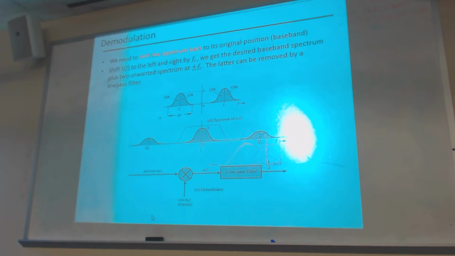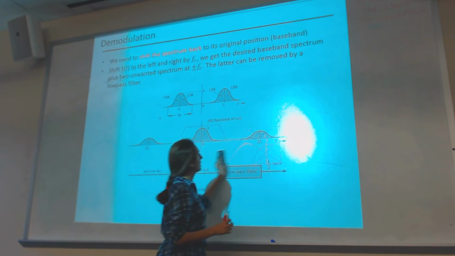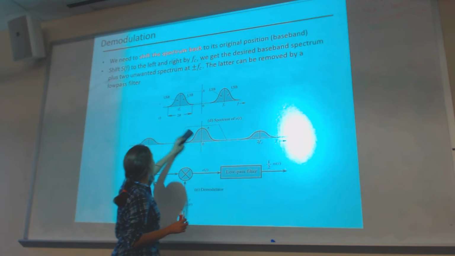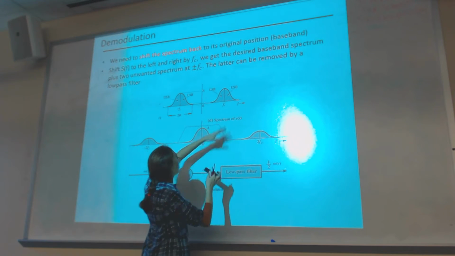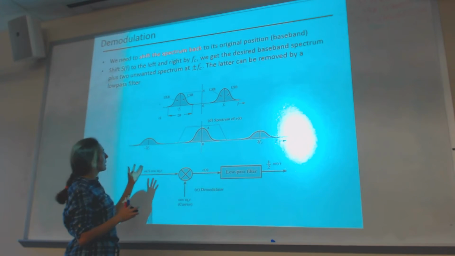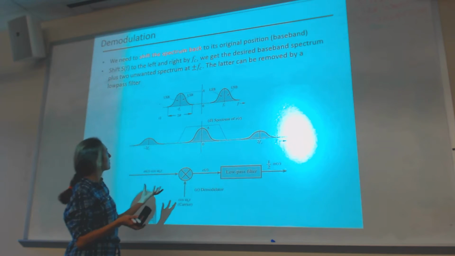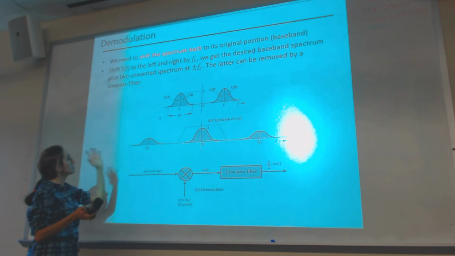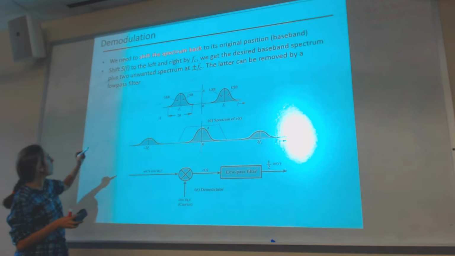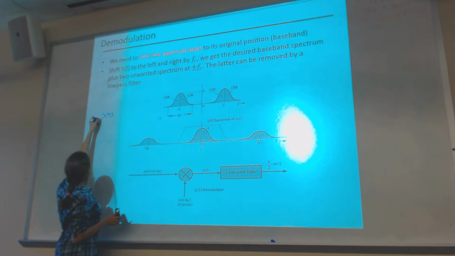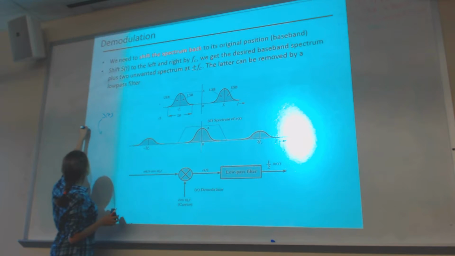Now the demodulation. The demodulation is very simple. This is after modulation, so I have two replicas at f_c and minus f_c. At the demodulation, I want to get my original baseband signal back, so somehow I have to shift this to the origin. We know the shift of the spectra is done by cosine, so I can multiply my modulated signal by another cosine.